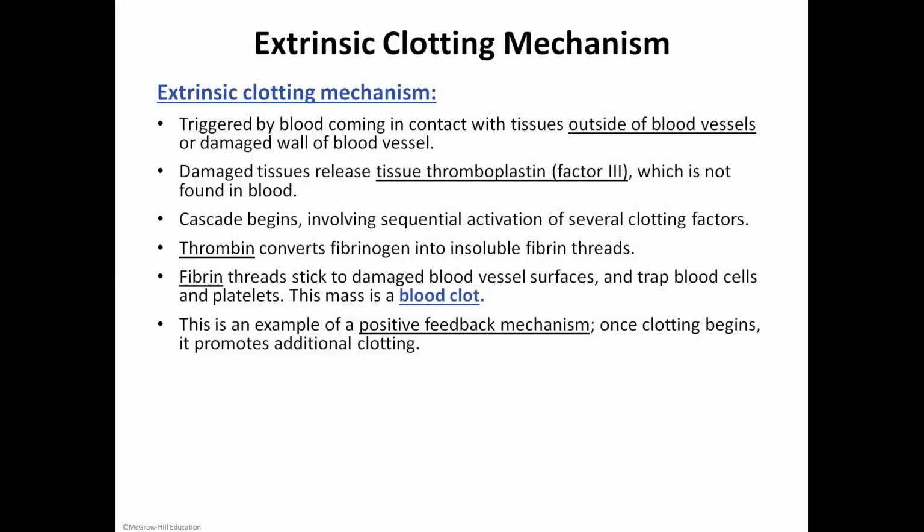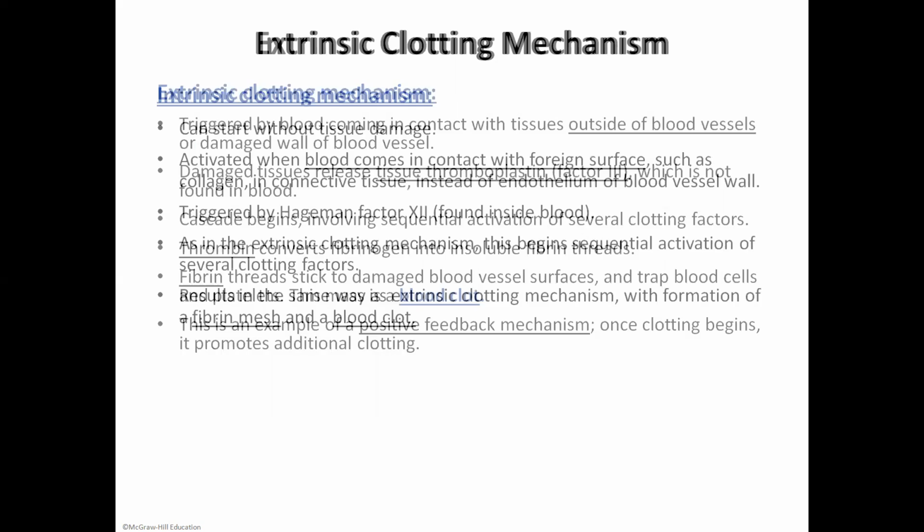And what will eventually happen is there's this protein called thrombin, and it converts fibrinogen, which then eventually is going to convert into fibrin. And the fibrin threads actually stick to the damaged blood vessel surface, and they trap the cells as well as platelets, and they form these massive blood clots. So again, this is an example of positive feedback. Once clotting begins, it's going to allow for more bleeding and more clotting to take place.